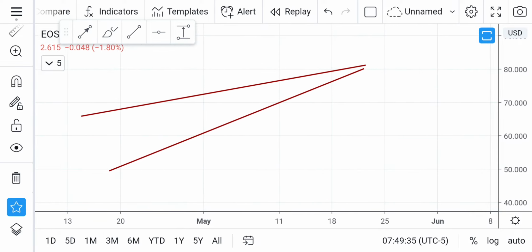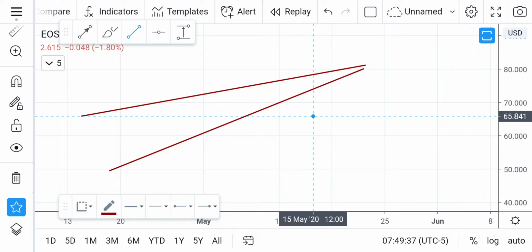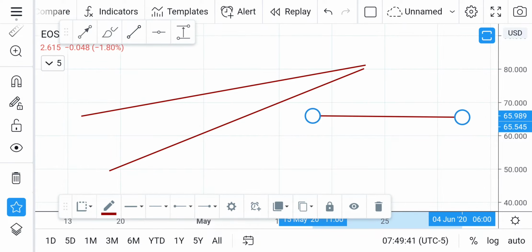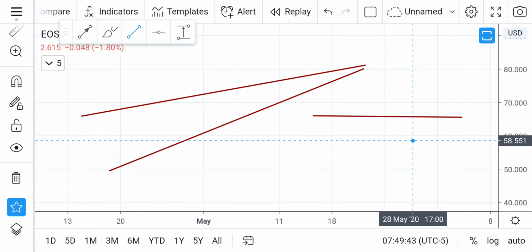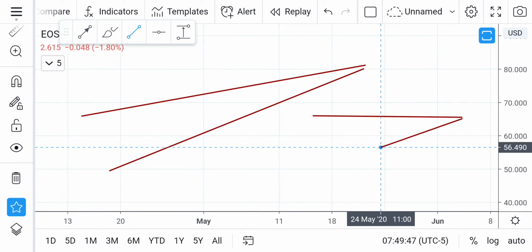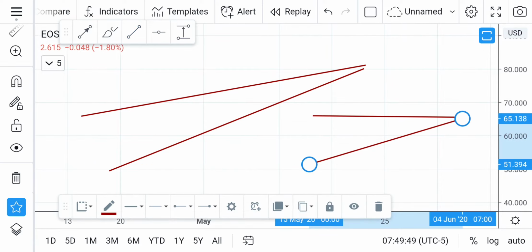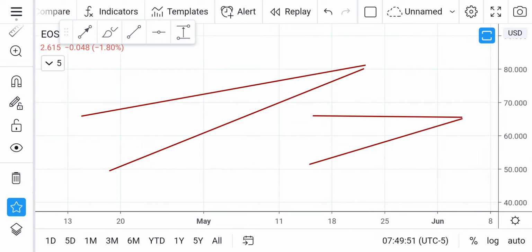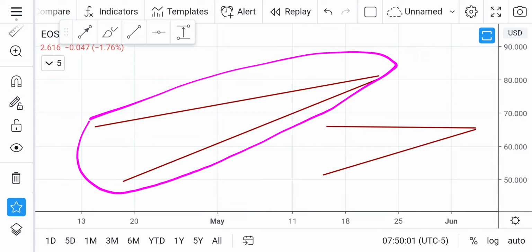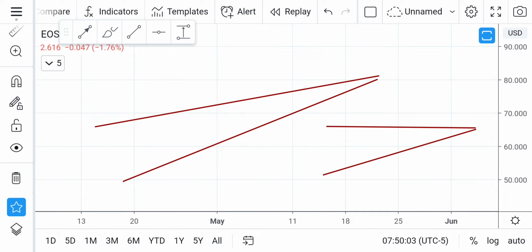No, it's not, because an ascending triangle has a straight line resistance and a trend line like this. You can see the difference. So this one here is an ascending triangle, and this one is a rising channel, the rising wedge.